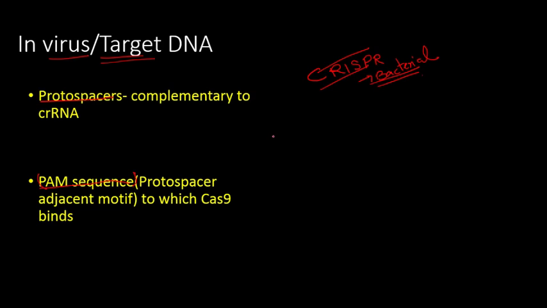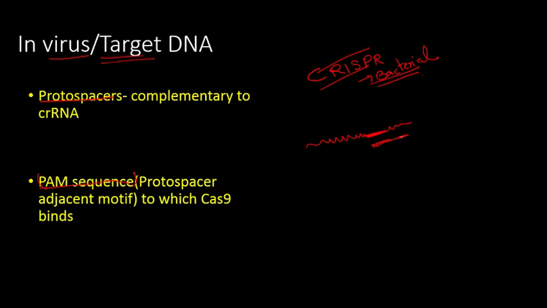The protospacer is the part of the viral DNA that is complementary to the CRISPR RNA. If this is the viral genome and this area is complementary to the CRISPR RNA, meaning the unique spacer area of the CRISPR RNA.